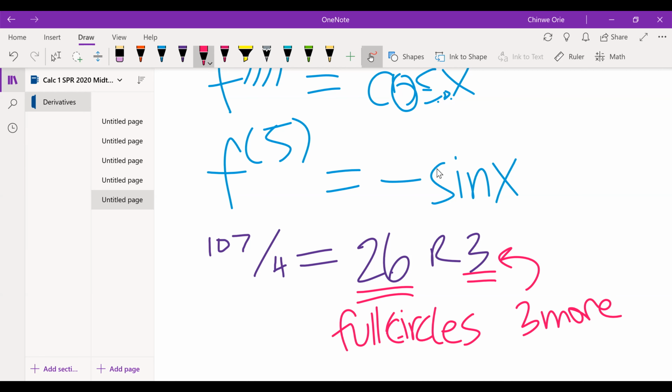When we took the third derivative, what was the answer? Sine x. Yeah, so that's the answer. There you go.